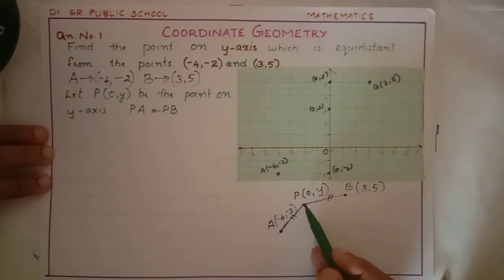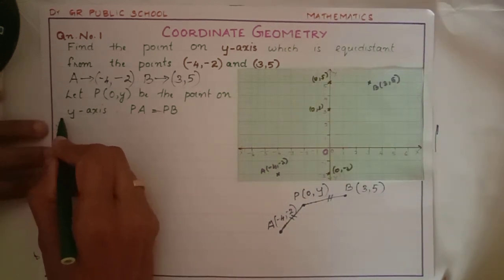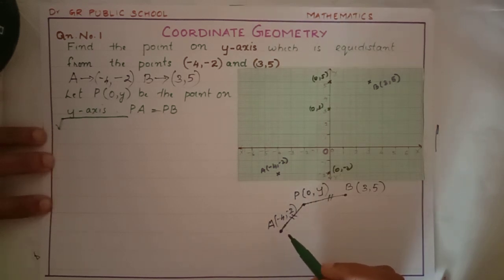Now, for PA we can apply the distance formula, which you have seen on the first page. And what is the distance formula? Square root of (x2 minus x1) the whole square.